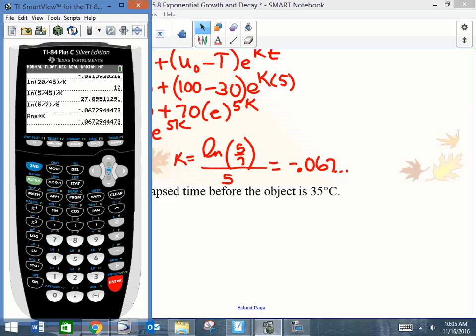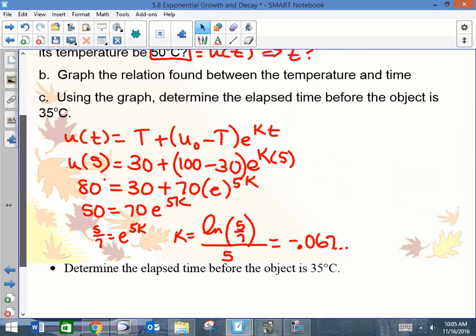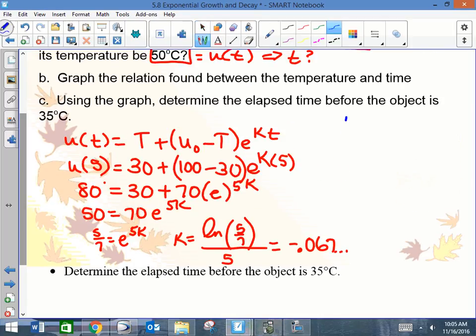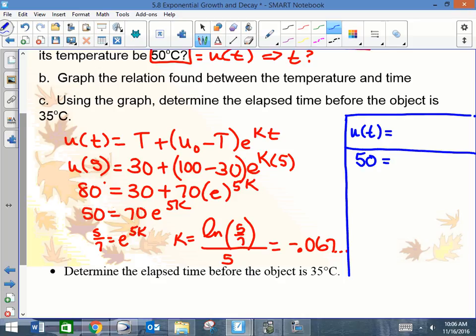Okay, so what's my equation before we get into the second part? U of T. What's my equation, Sarah? Don't put the 50 in yet, put the 50 in later. Give me the generic equation that we could do anything with for this problem.